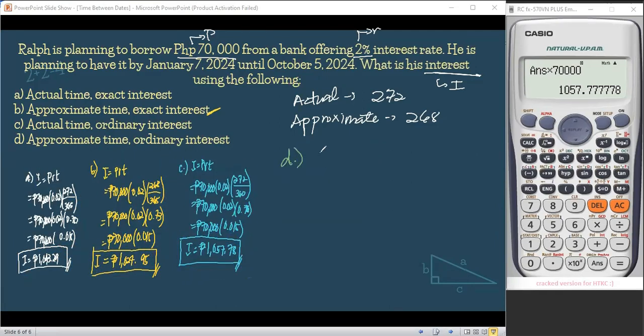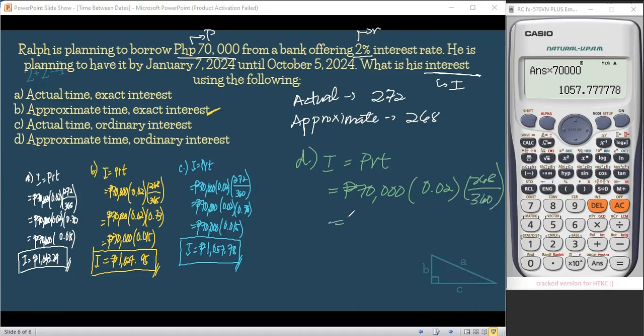So for letter D, again, we have I is equal to PRT. So again, the principal is 70,000 times the rate of 0.02 times the time of approximate time, that is 268, divided by the ordinary interest, that is 360.